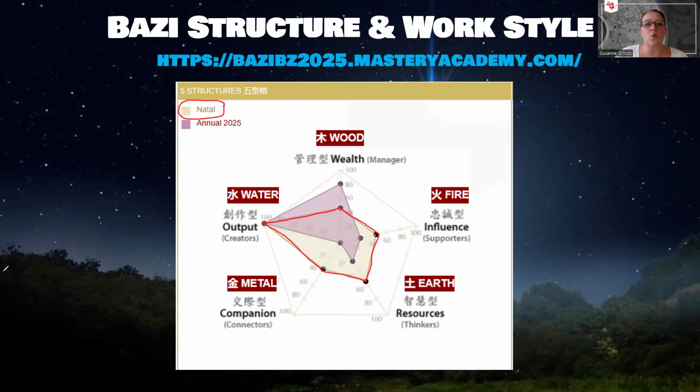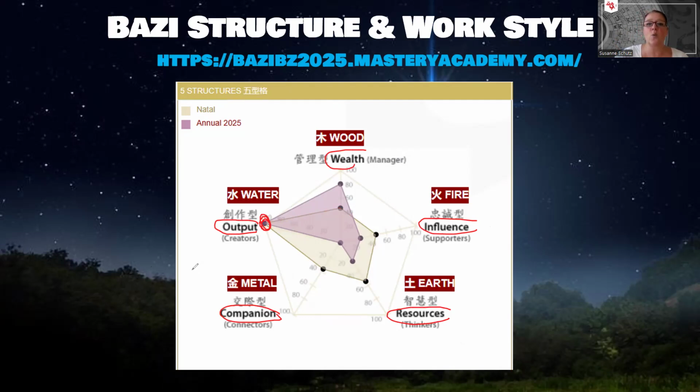And then you just check which structure is the strongest. So here we've got an output structure, wealth structure, influence, resource, and companion. Now, these 5 are the same for everyone, but obviously they may appear in a different distribution here. But you check which one is strongest. And here, very clearly, the output structure is the strongest.